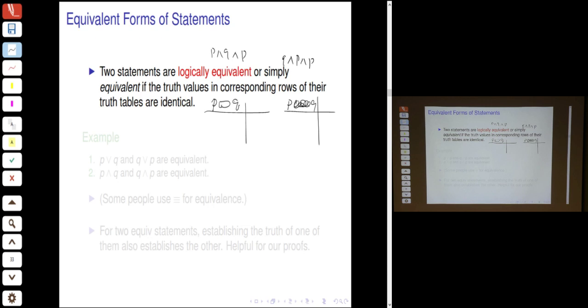Now, if they are equivalent, here I will draw a truth table. Suppose I give you the truth values of P and Q. So say T, T. And then in the first formula, you have a truth value here. Maybe this one gives you true.